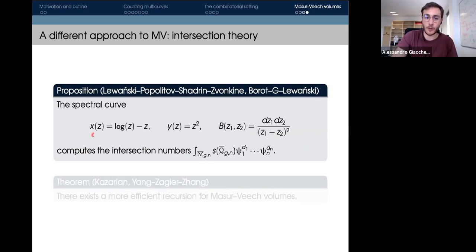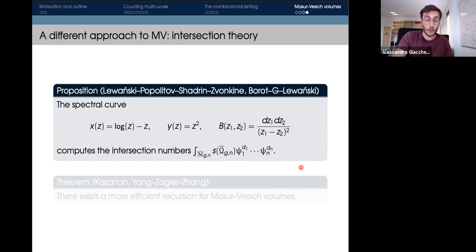This spectral curve is computing the intersection of this Segre class with psi classes. So what you can get from this is that there are three topological recursions computing Masur-Veech volumes. Two of them are computing counting of multicurves, and one is computing this Segre class intersected with psi classes.